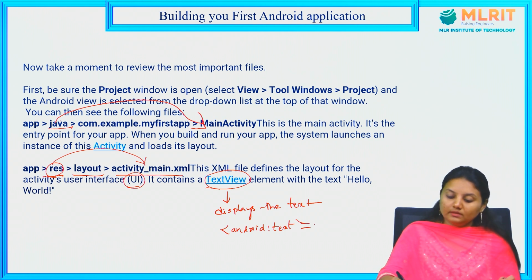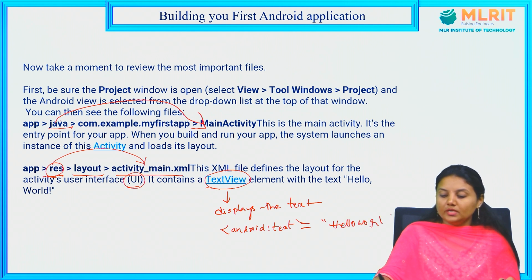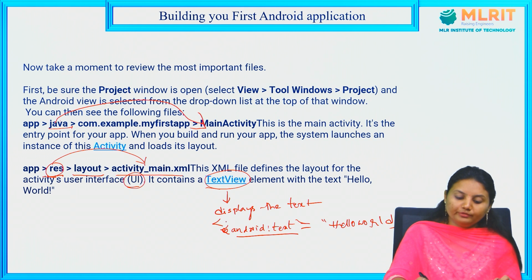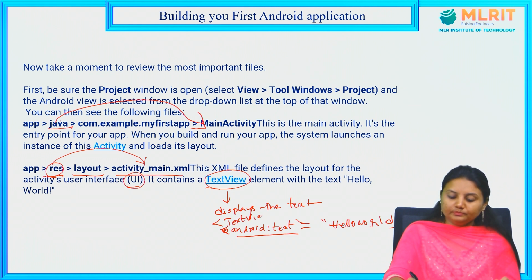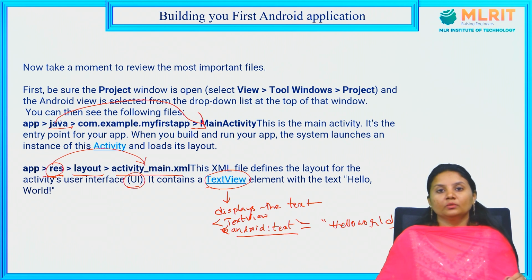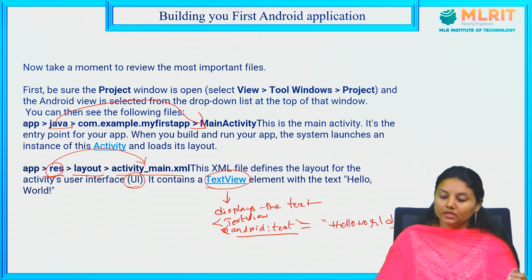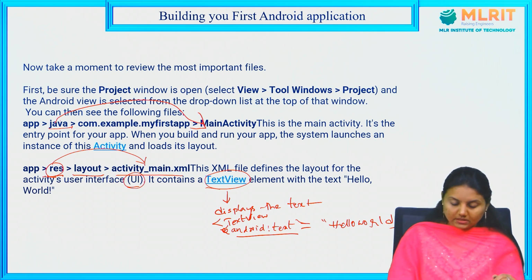Hello World. So here this android:text will be the attribute of your TextView. Like we also give the layout width and layout height for the TextView. All that will be discussed slowly.